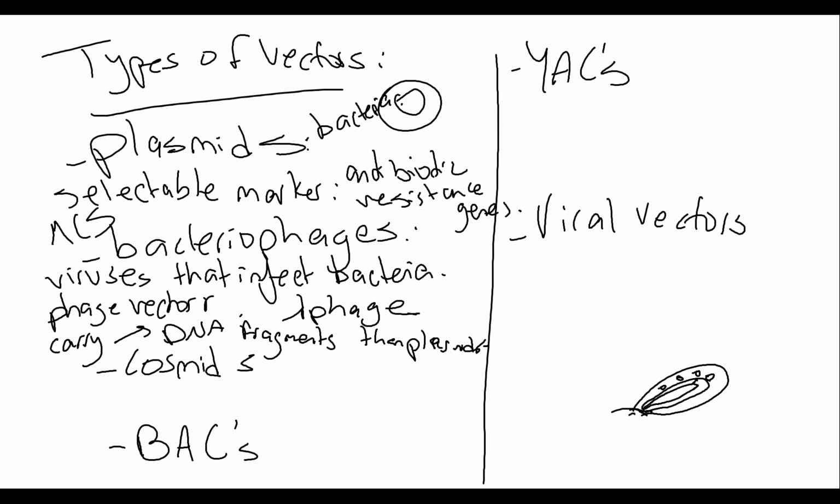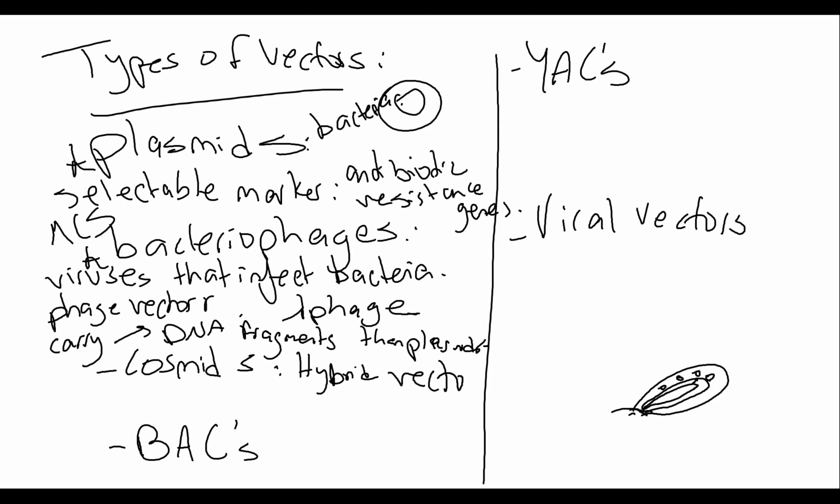Another kind of vectors are the cosmids. What are the cosmids? They are hybrid vectors that combine features of plasmids and bacteriophages, allowing for the cloning of larger DNA fragments.